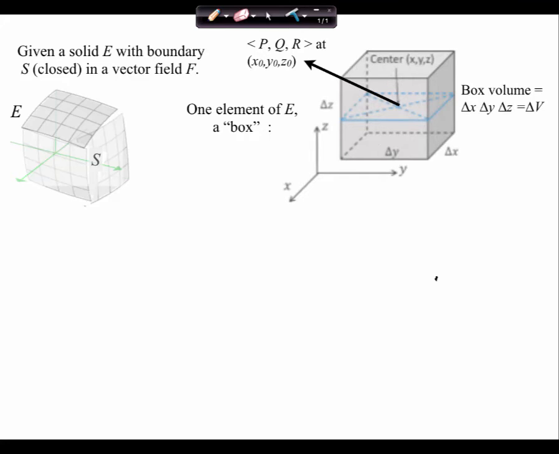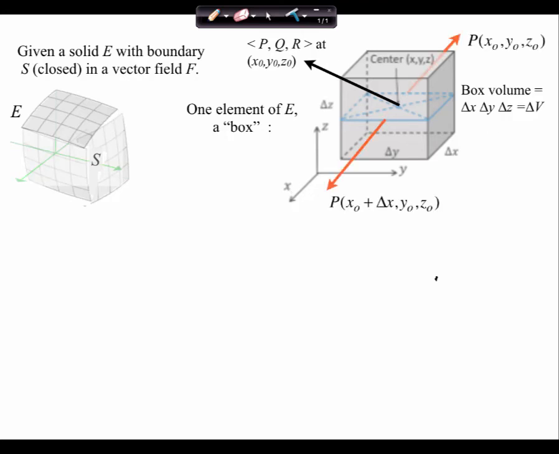And then we can take the vector at that point, say PQR, right? So PQR is the vector of the vector field at that particular box. But across delta x, delta y, and delta z, we're going to have a slight change in those components of those vectors.